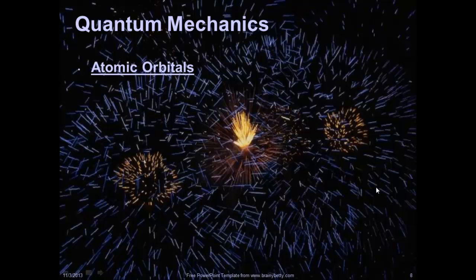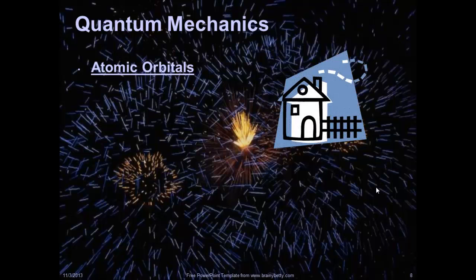Next, we need a house number. So, within a sublevel, there are a certain number of atomic orbitals, and orbitals are like electron houses. These are where the electrons are found. There's a certain number of each type of orbital per energy level, and that goes along with what type of sublevel it is. So the S sublevel has one orbital.